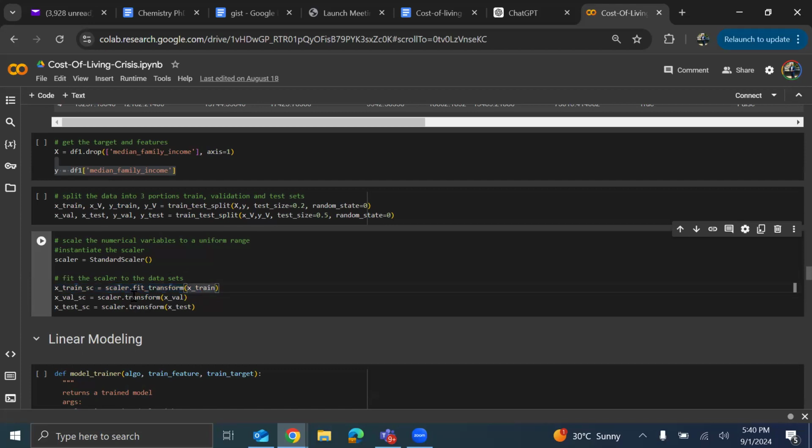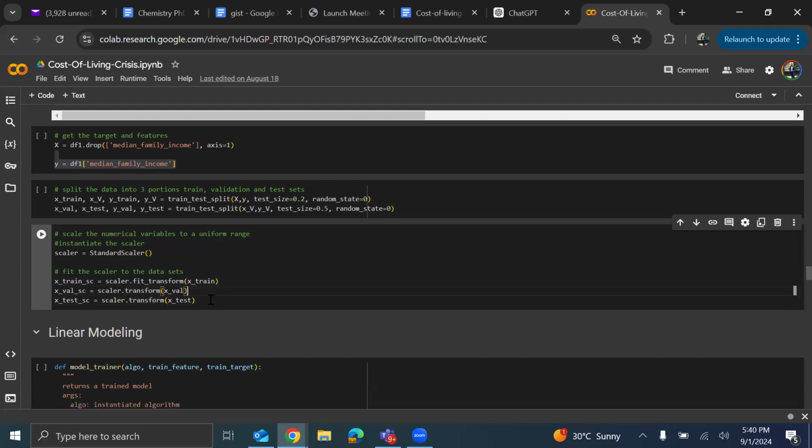I'm doing transform on the validation and the test set, not fit transform, because I want it to use the same mean and standard deviation obtained from training. If I do a fit transform here, it's going to compute a different mean and a different standard deviation, which is going to give us wrong output. I hope that makes sense.